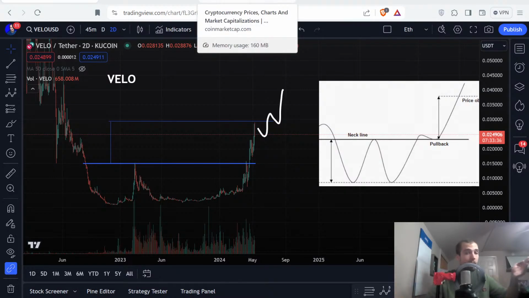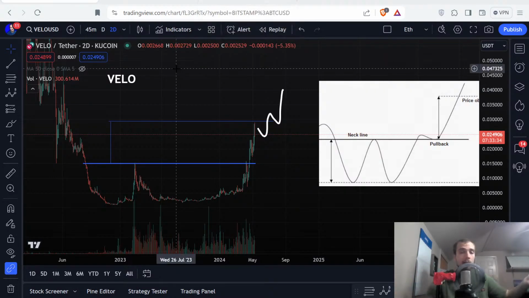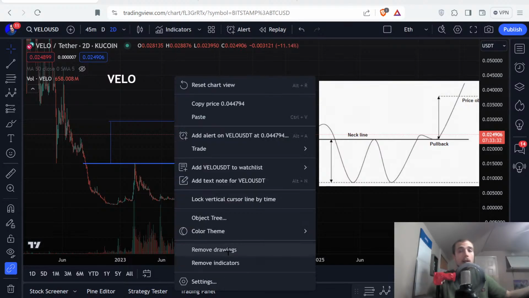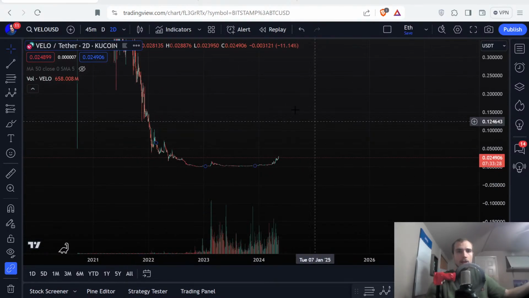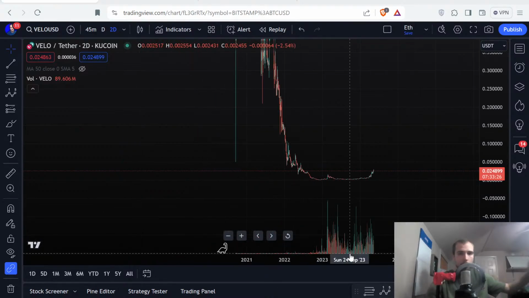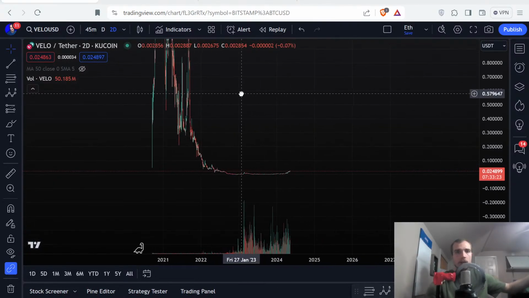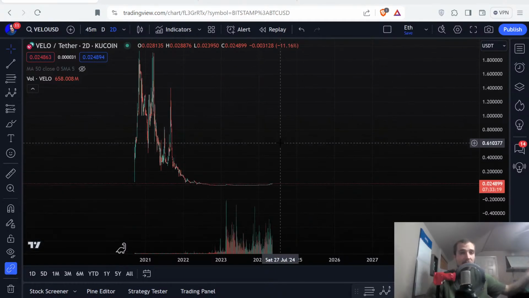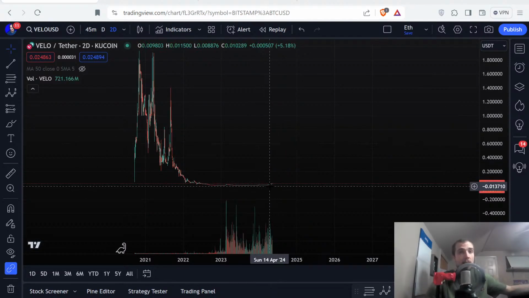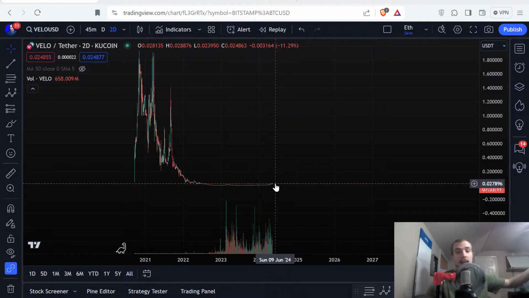Definitely very, very good looking here because of the double bottom pattern. But also if you pull down here on the chart and zoom out a little bit, you guys can see this chart is so undervalued. If this has a cycle like how Dogecoin did or how Ethereum did in the last cycle, the percentage gains would be absolutely astronomical.